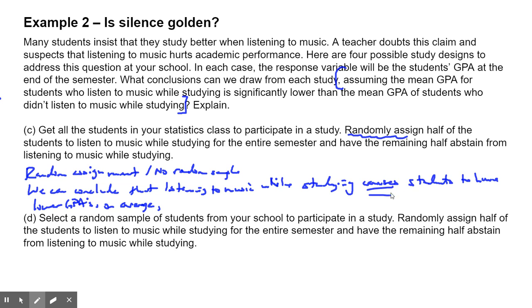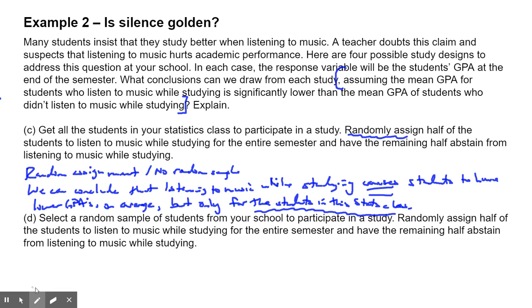So that's the cause and effect piece because of random assignment, but only for the students in the stats class. And again, we're not doing the whole population, just the students in the stats class. And again, that's because of no random sample from the entire population.